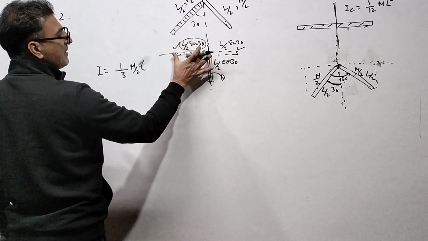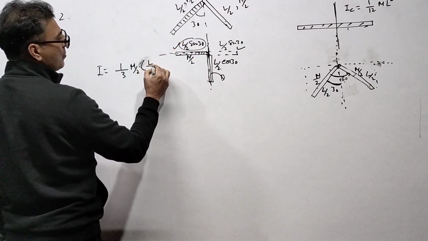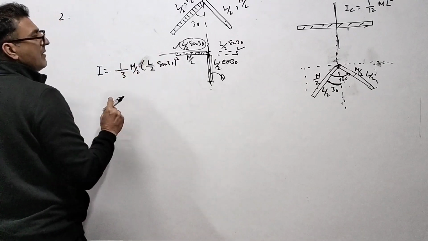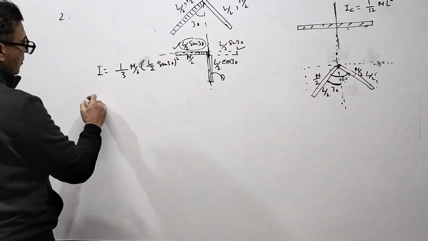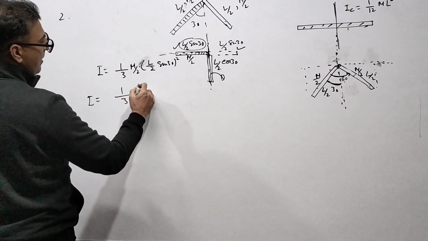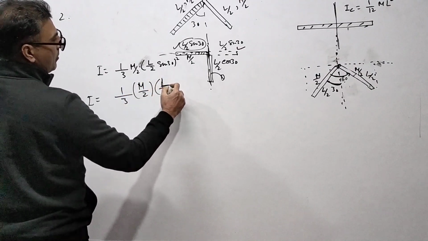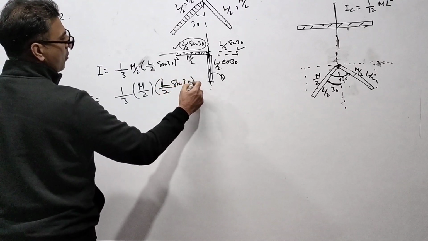That is not L length, that is L by 2 sin 30 whole square. So I is equal to 1/3 m by 2 L by 2 sin 30 whole square.